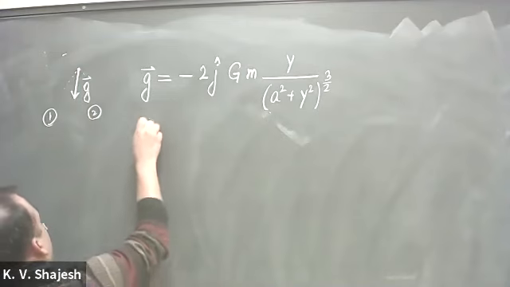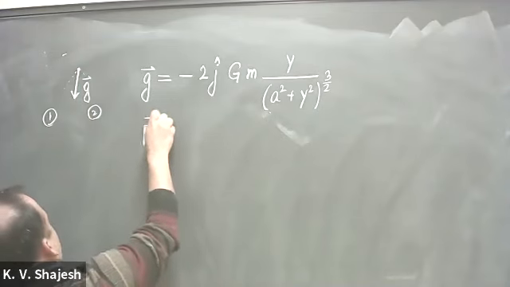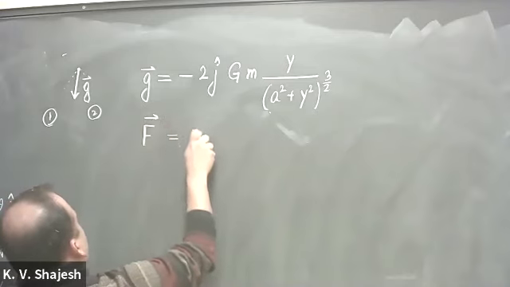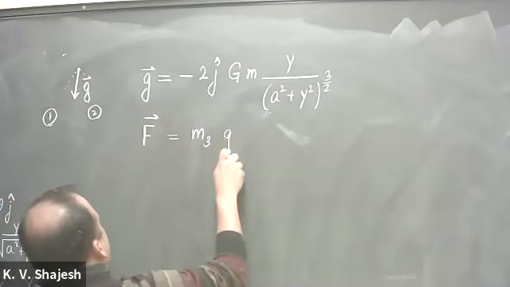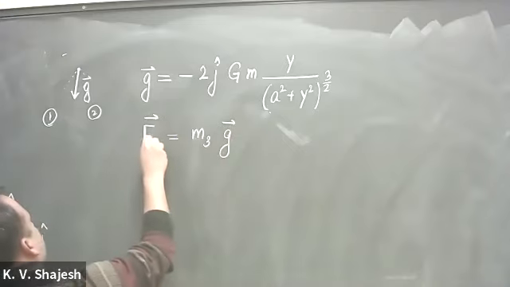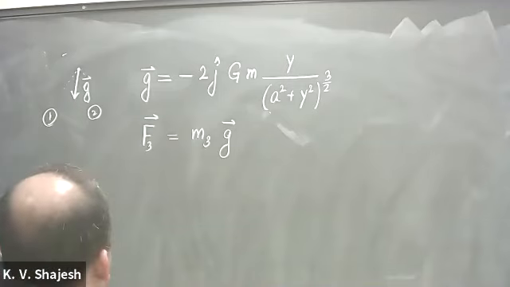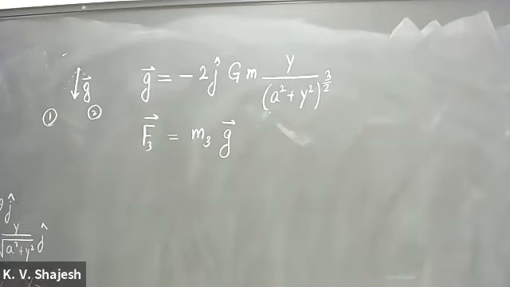So force on a mass 3, let's say, would be equal to m3 times the gravitational field. So this is F3, so that will be m3 times g. So that will be the interpretation. Again, going back with our understanding, force remains mass times the gravitational field, but the gravitational field itself has a physical meaning in this case.